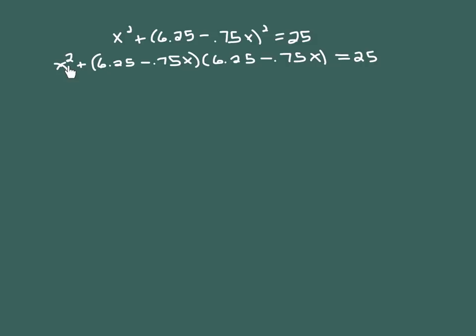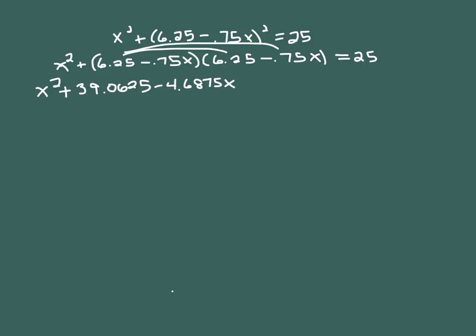Let me bring down this x squared and start double distributing. 6.25 times 6.25 is positive 39.0625. Then 6.25 times negative 0.75x is negative 4.6875x.